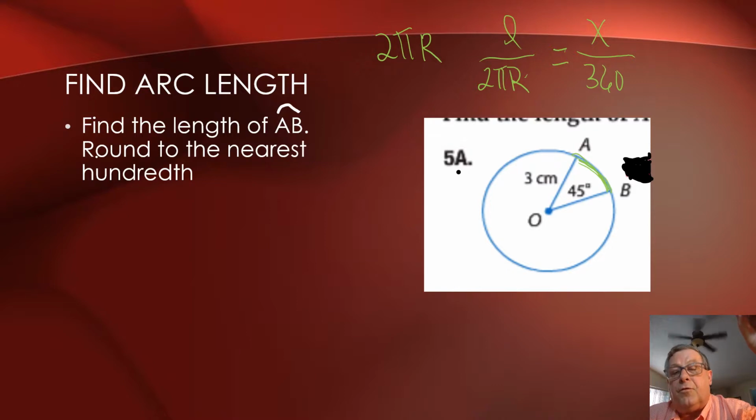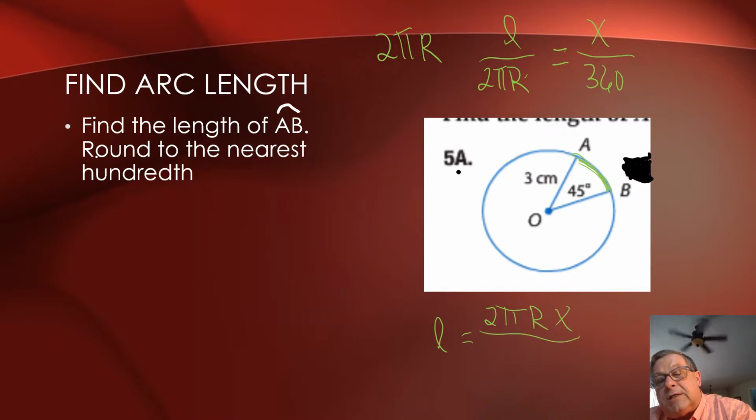And then we can further describe that, if we want to find just the length, as L equals 2 pi r times x, or the central angle, over 360. And then we can use that to find the length in linear units of the arc.